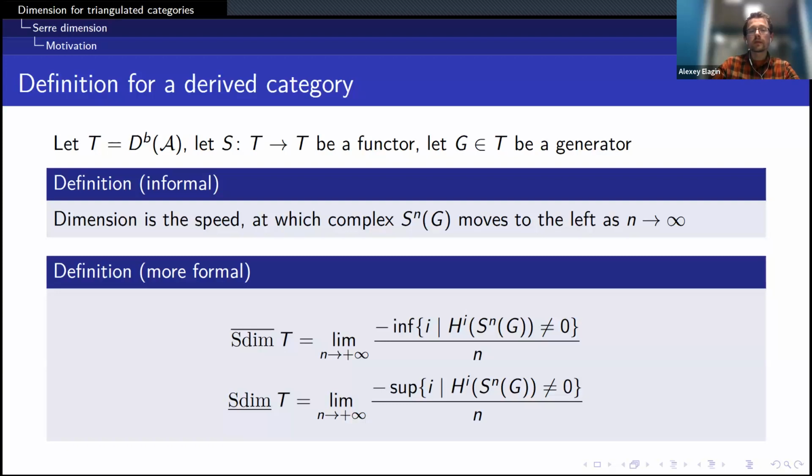By definition, upper Serre dimension is greater than or equal to lower Serre dimension. And if our category is not a category of complexes, but just some triangulated category, instead of studying these cohomology groups, one can study Hom groups from some fixed generator to this changing object.